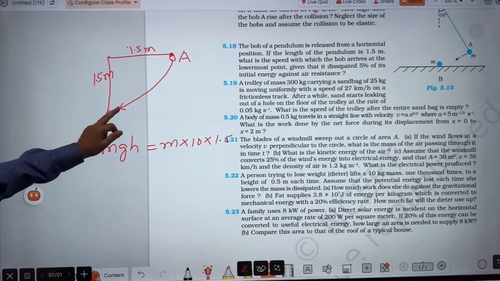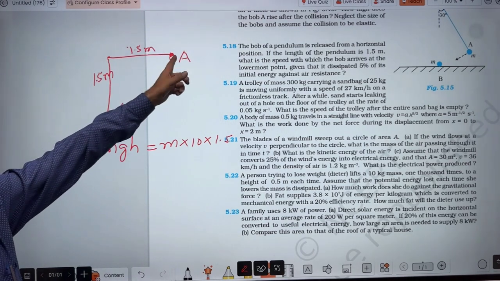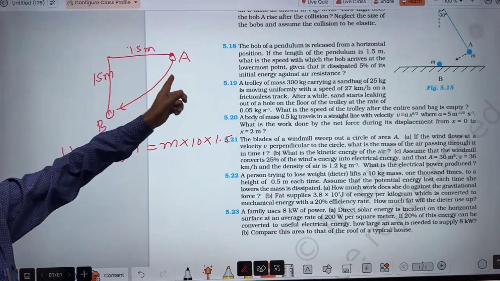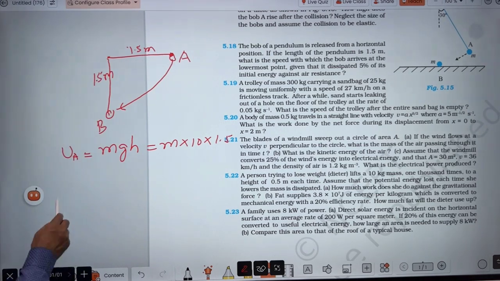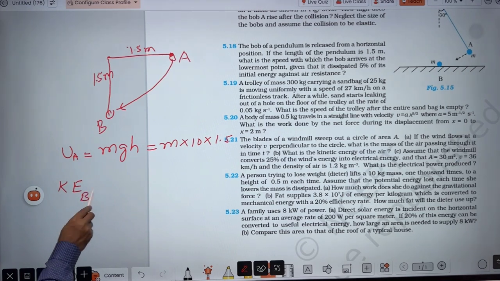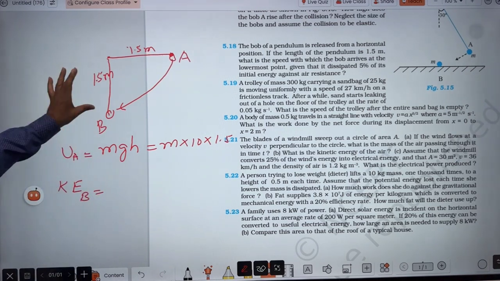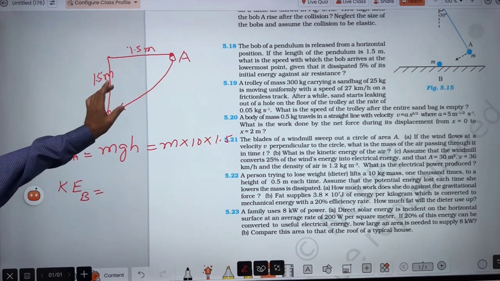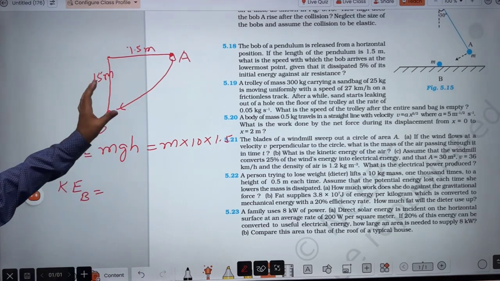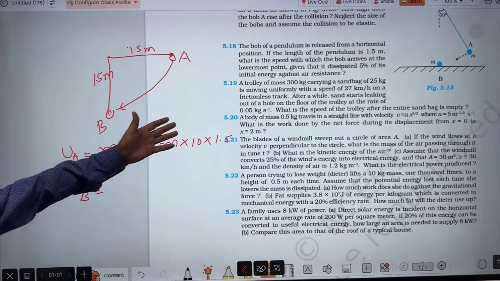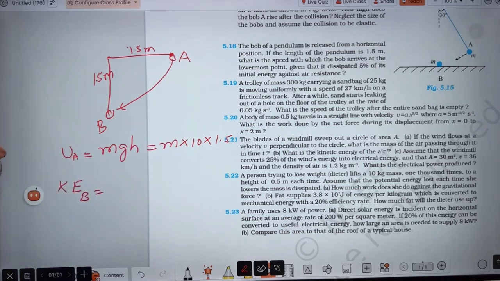Now what happens? Entire potential energy at point A will convert into kinetic energy at point B. So KE at point B is, according to energy conservation, equal to energy at A, but 5% is lost in the form of air resistance.